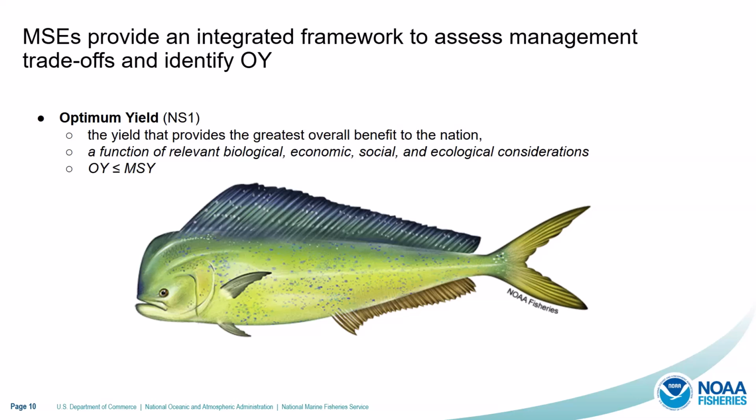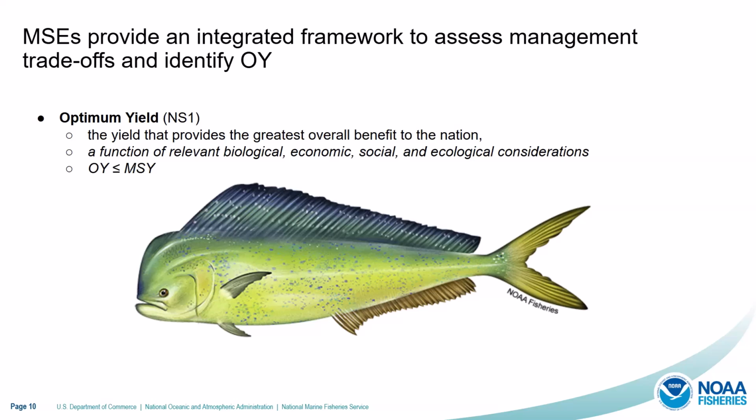Secondarily, we also know that maximum sustainable yield is a moving target. If the fishery configuration changes and selectivity changes, then maximum sustainable yield is going to change. So optimum yield, instead of being something that we can analytically calculate, is really a product of all of the goals of the fishery and how we can configure the fishery in a way that's going to provide greatest benefit to the nation.